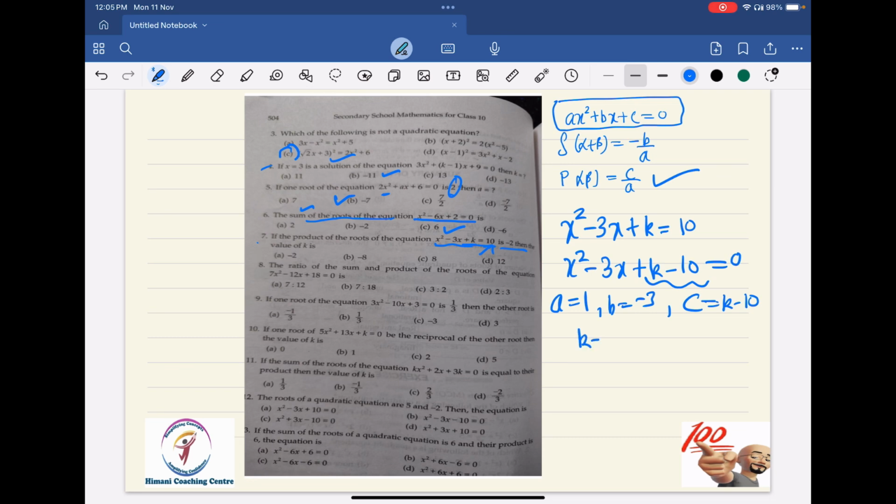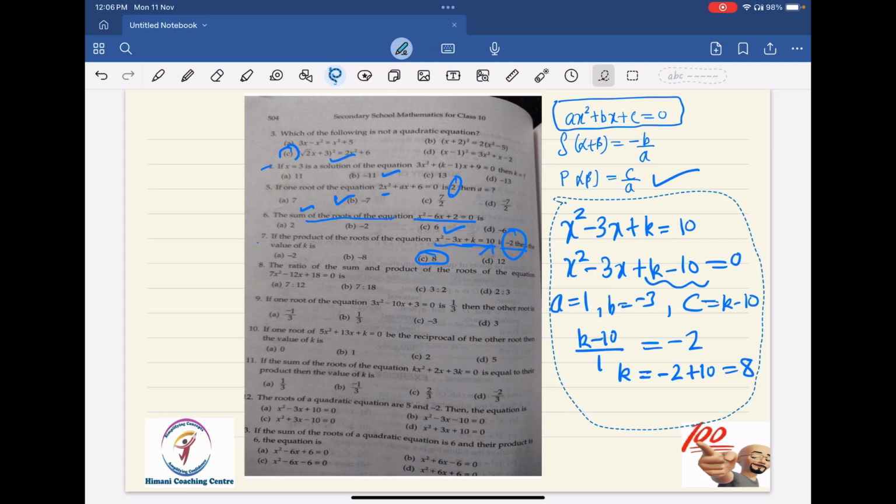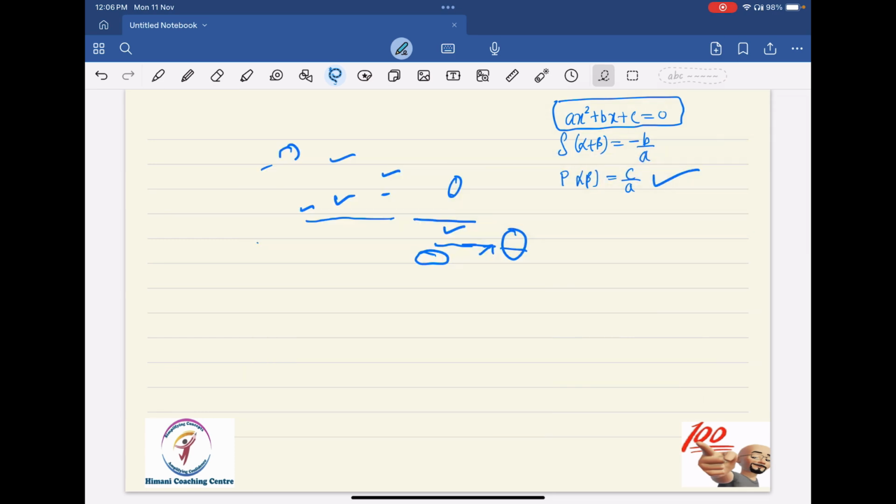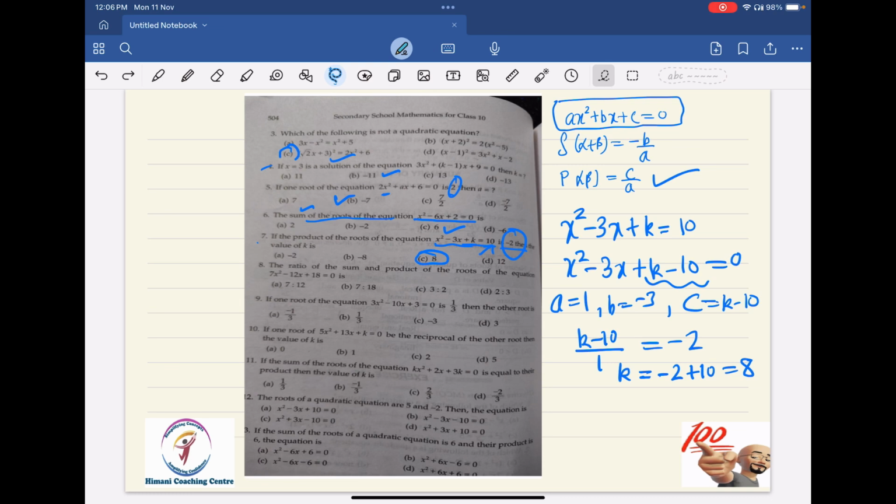That means k minus 10 by 1, and that is equal to minus 2. So k equals minus 2 plus 10, and hence the answer should be 8. So this is our answer. I hope you have understood what is required before you start solving the question. I'm pretty sure you would have understood it. If not, please go through the video once again and it will help you in getting the proper answer.